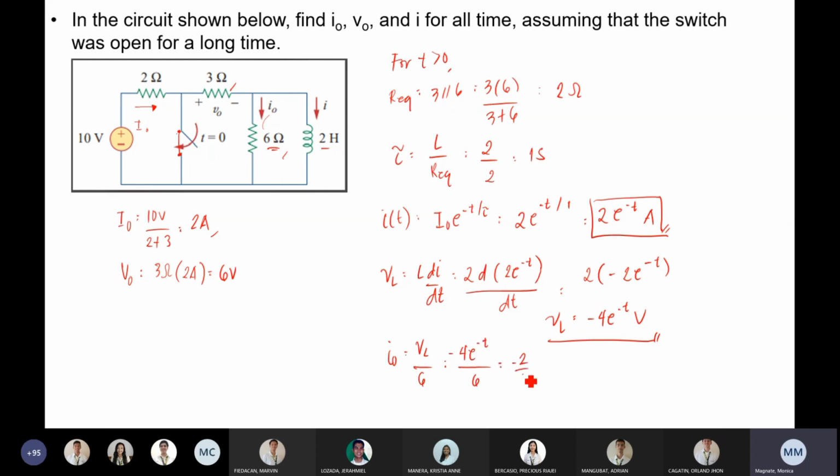So this will be negative 2 over 3 e raised to negative t amperes. Did you get it?